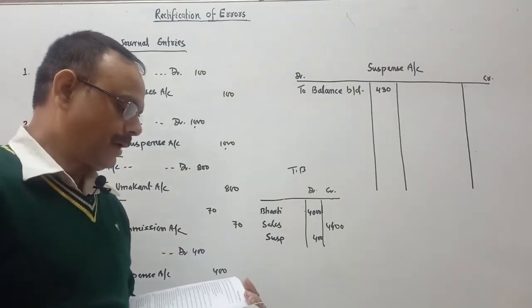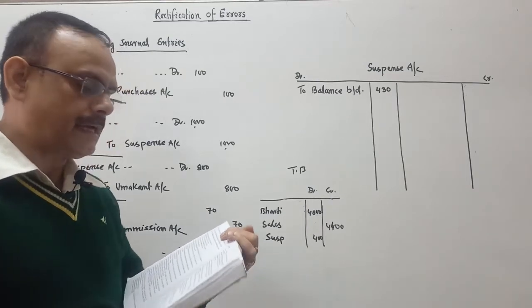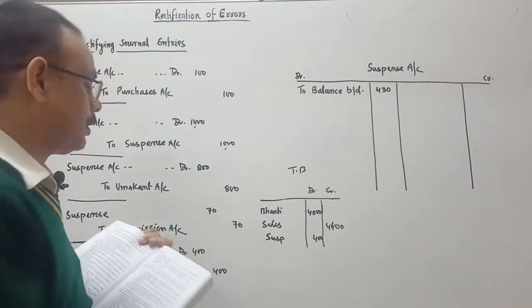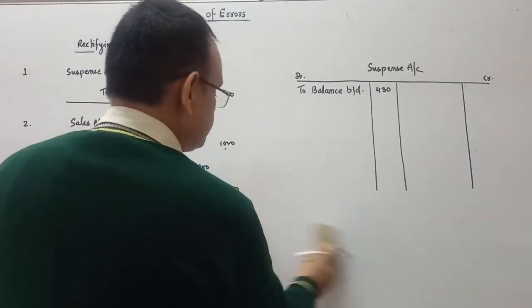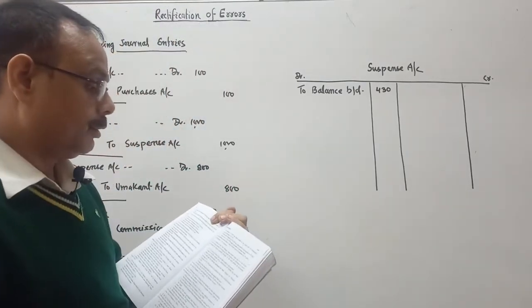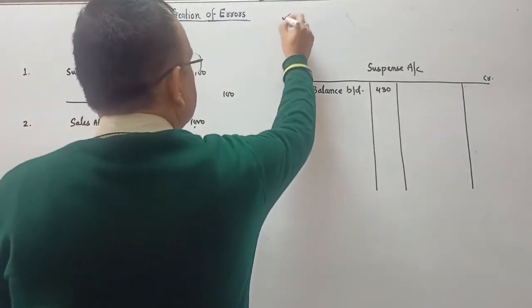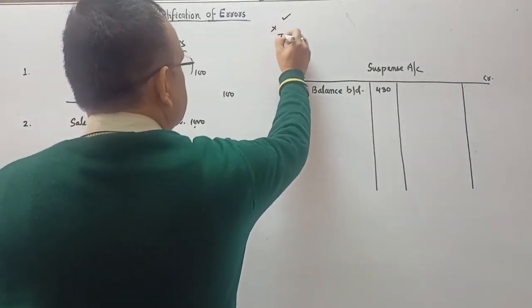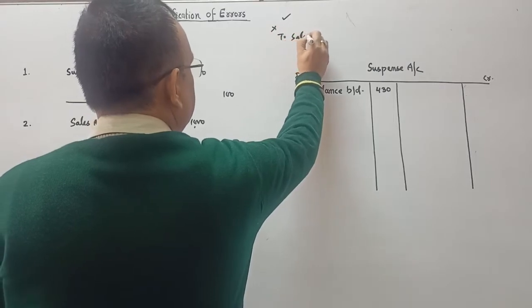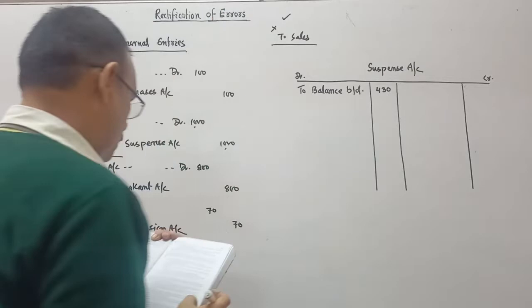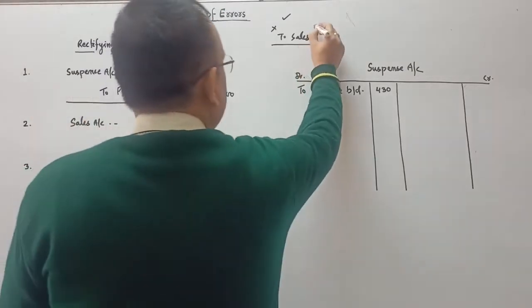Now 6.1 is goods sold to X 750 were recorded in the purchase book. Goods sold to X, the right entry is, if you see the right entry, X account debit to sales account. This is the right entry. Goods sold to X rupees, how much is it? 750.